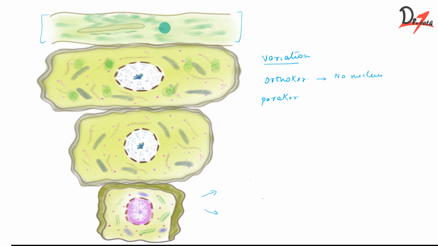In parakeratinization, there will be pycnotic nuclei present, like some remnants of nuclei. To remember this: ortho, O means no nucleus, and P for parakeratinized and P for pycnotic nuclei. Now in the next video, we will be studying how this basal cell is attached to the connective tissue, and we will also study these cells individually.